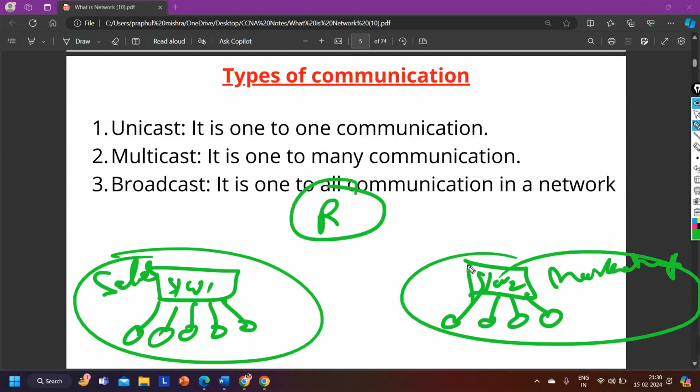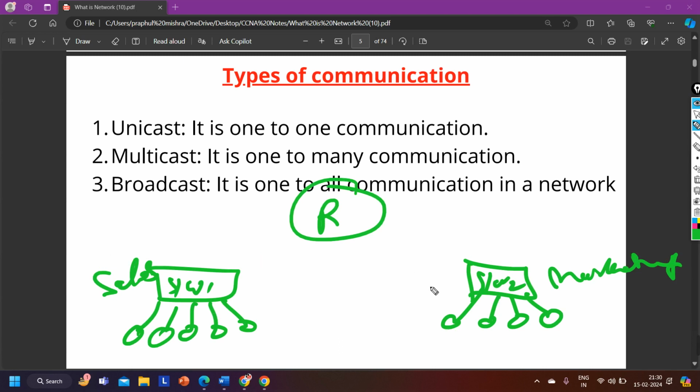We have two networks. If I want to connect these two networks together, I need a centralized device, and that device can be a router. It can be a layer 3 switch also, but don't worry about the layer 3 switch now. So if someone asks you what is a router, a router is a networking device which is used to connect multiple networks together. Through this router, I can connect these two networks together.